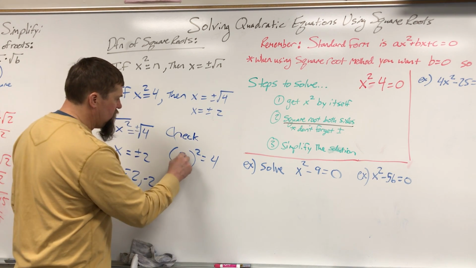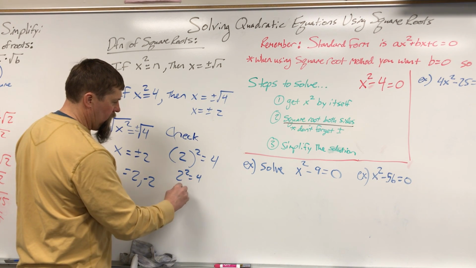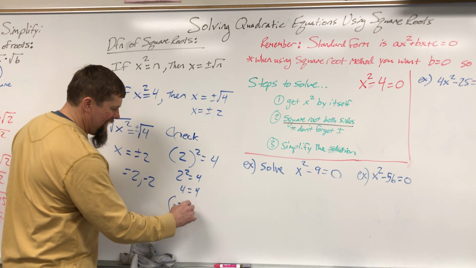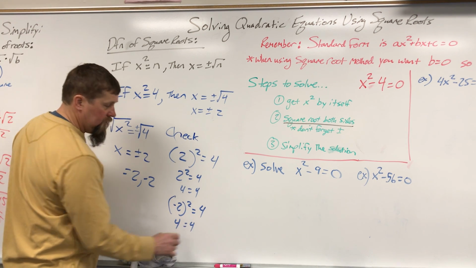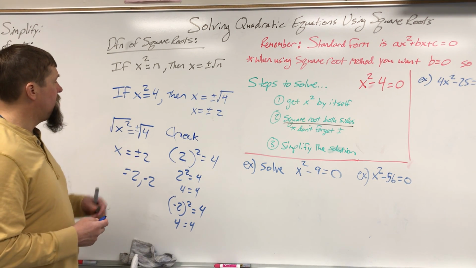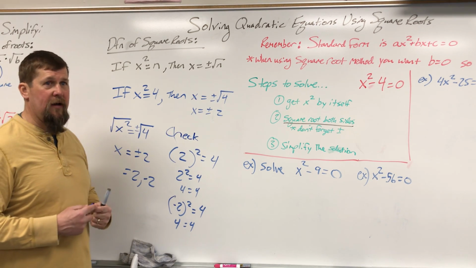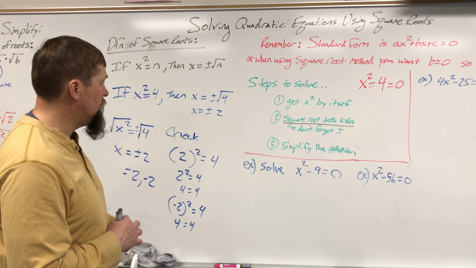If I plug in 2, it works because 2 squared is 4, so 4 equals 4. If I put in negative 2, that also works. So there are actually two solutions to this equation. When I take the square root of both sides, I have to do plus and minus on the other side. Therefore, I have a plus and a minus 2.